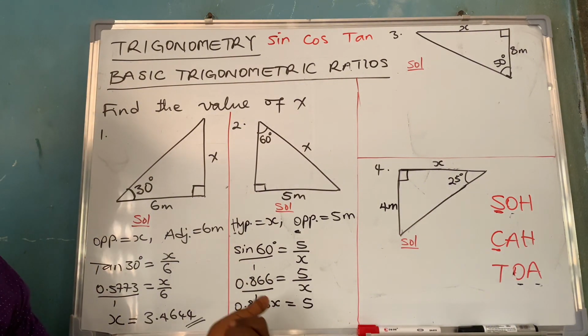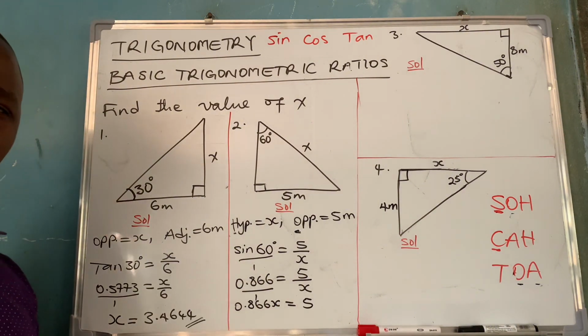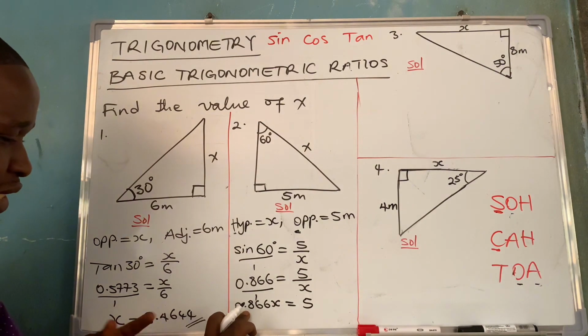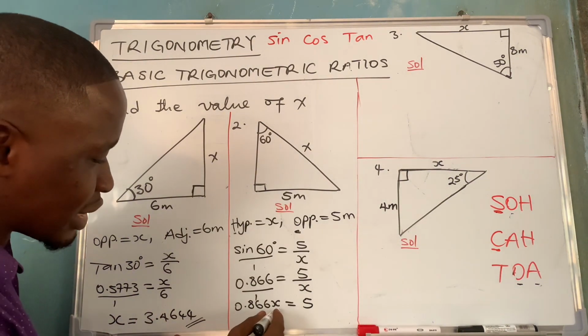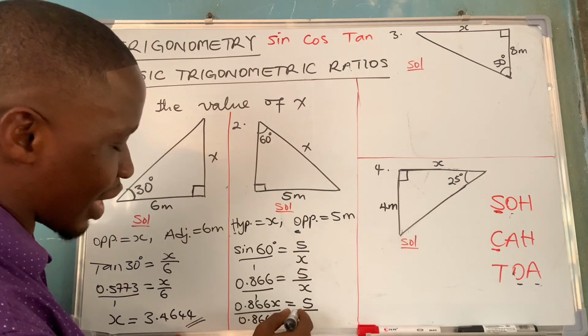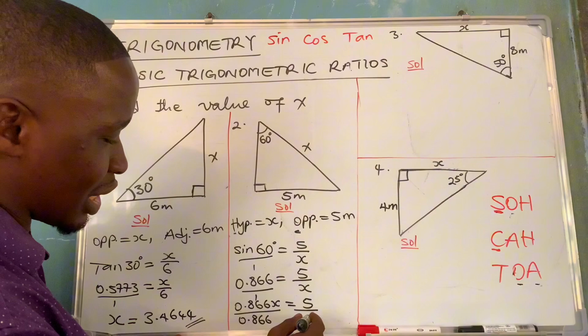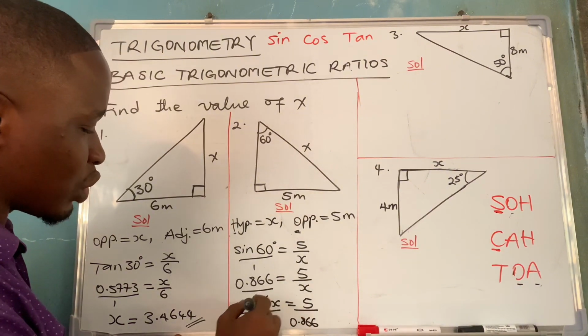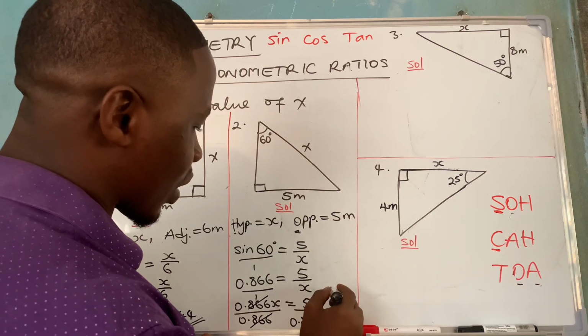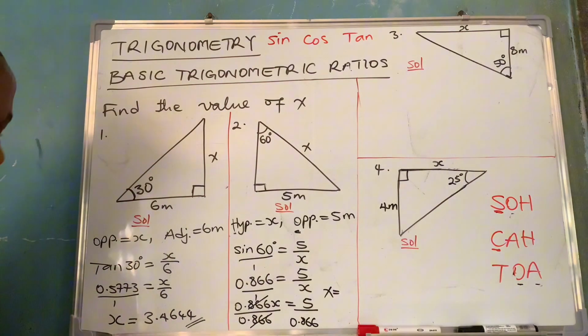But we want to find x. And this x we want to find, it is standing with what? 0.866. So we divide both sides by 0.866. So this one takes away this. We are left with x.